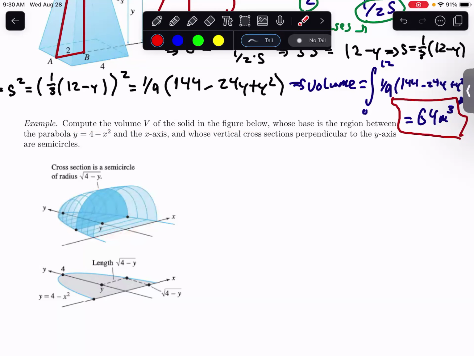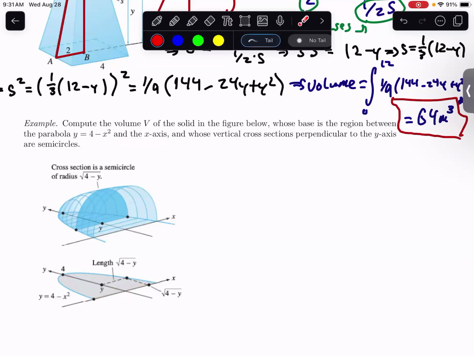And so the description of this region is the base is going to be the region between the parabola y is equal to 4 minus x squared and the x-axis. So this is the base right here that it's describing. It's really just the area between 4 minus x squared and the x-axis.